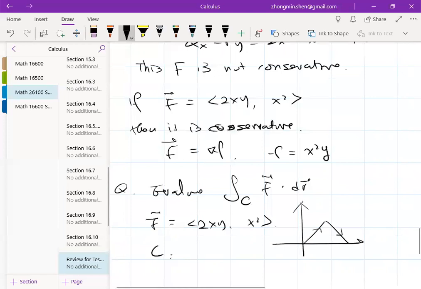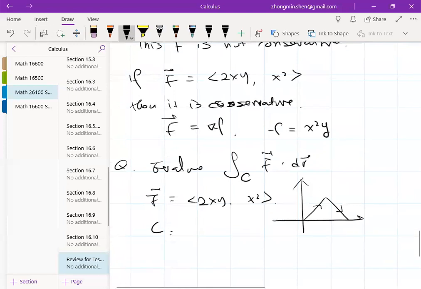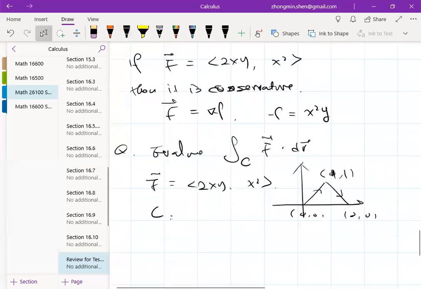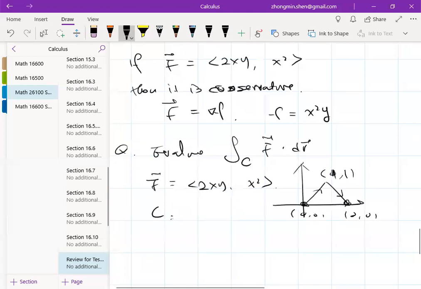In that case, this is going to be 1 and 1, here's 2 and 0, this is 0 and 0. C is just this curve from P to Q. That's C.